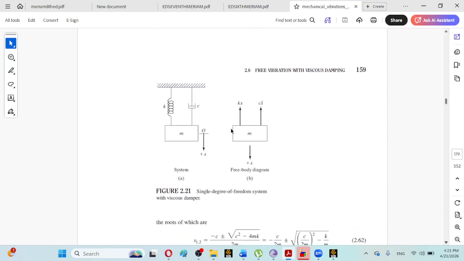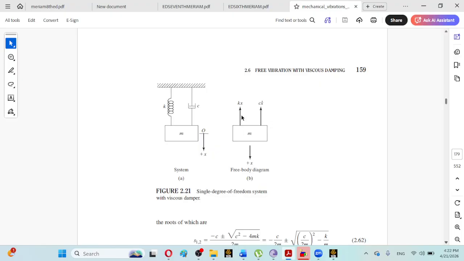Remember, this is free oscillation but damped oscillation. We had performed the initial oscillation, and after the first or second cycle, when it passes the equilibrium and is moving downward, this is the state here.